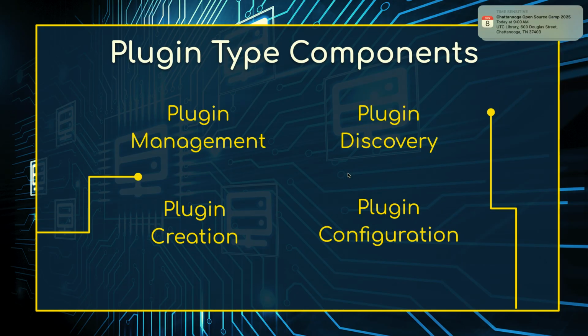Okay, so these are the types of components that are in the plugin system. There's a plugin management, which is a plugin manager, service and class. And then there are 3 different types of discovery for plugins, which are attributes. They used to be annotations, but now they're attributes.